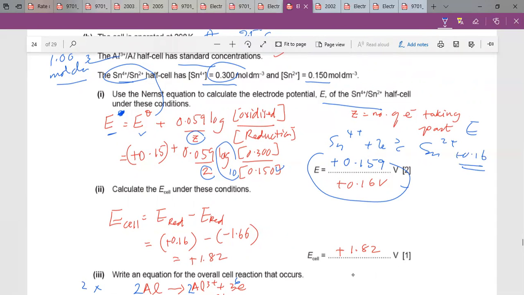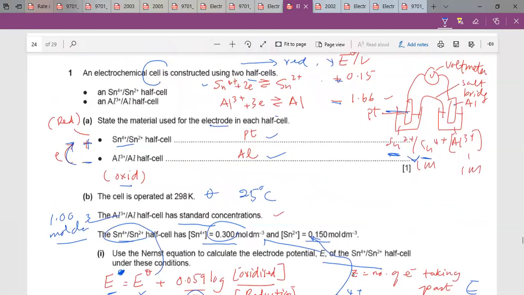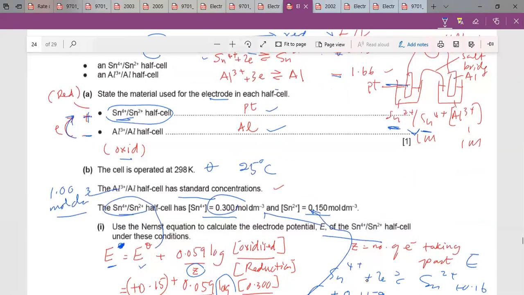So under these conditions, what is the E cell? Remember, reduction minus oxidation. Who is undergoing reduction? Very simple. Tin undergoes reduction. So put tin first.